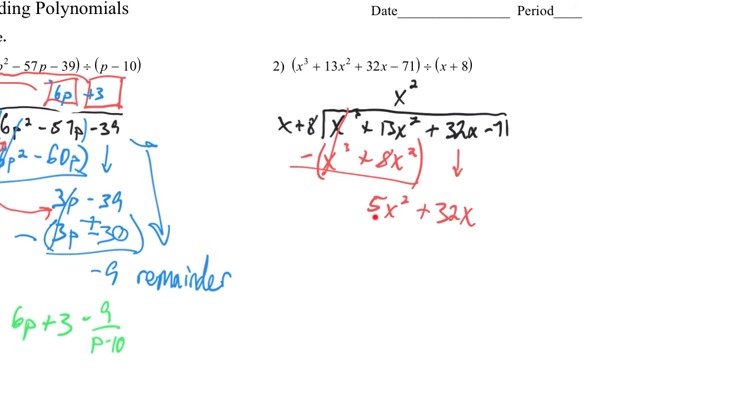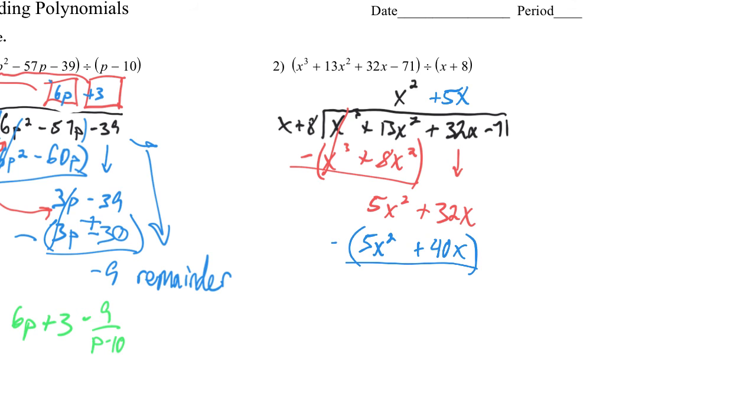So 5 times 1 is 5. x times x will be the x squared. So I need 5x. And then distribute that 5x into the x plus 8. 5x times x is 5x squared. 5x times 8 is going to be 40x.